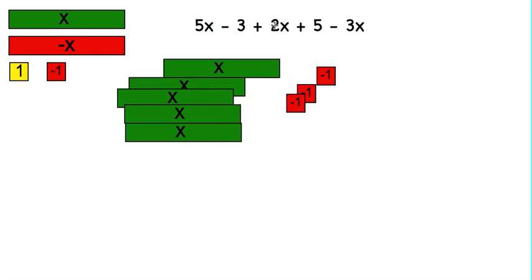Next we'll have to add 2 x's. Since it's positive, we're going to add 2 x's.